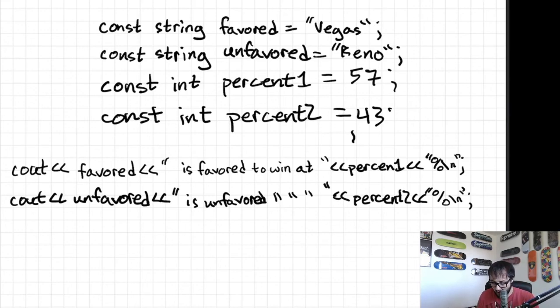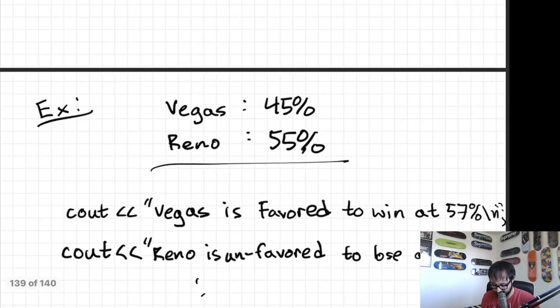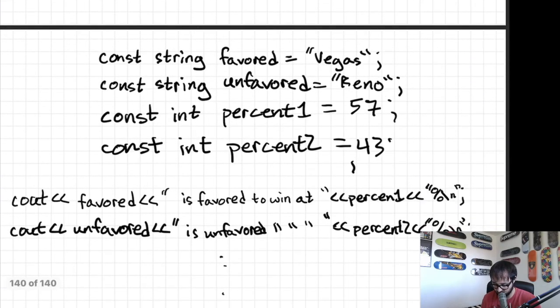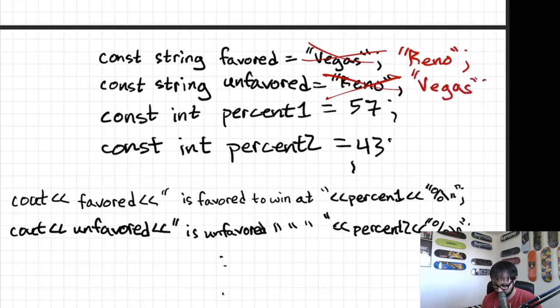So then tomorrow, and you could have all that extra code down there that who knows what it would be, if they unfortunately switch to this, we could easily come down and change this to Reno and this to Vegas, this to 55, and then this to 45.